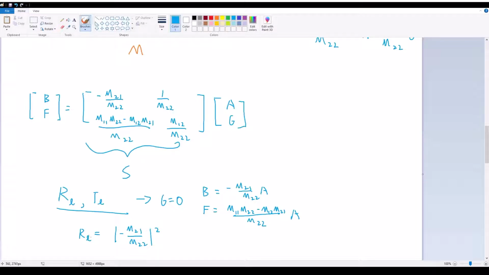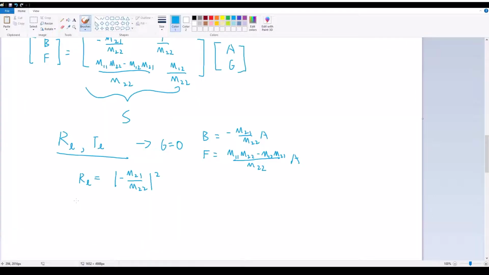Because of that, reflection is going to be the ratio between B and A, and transmission is going to be the ratio between F and A. So transmission from the left is therefore equal to the magnitude squared of M11 M22 minus M12 M21 over M22.